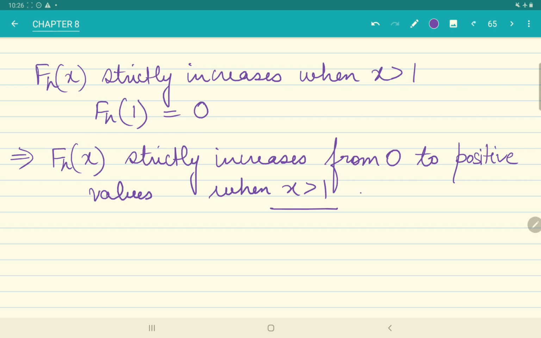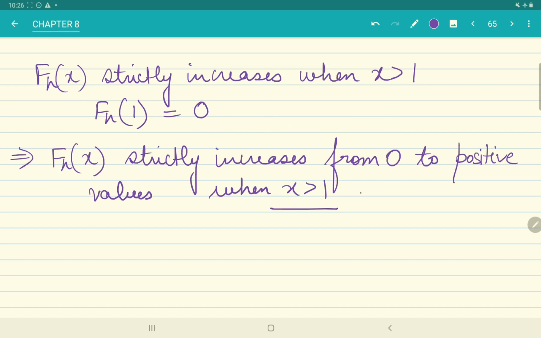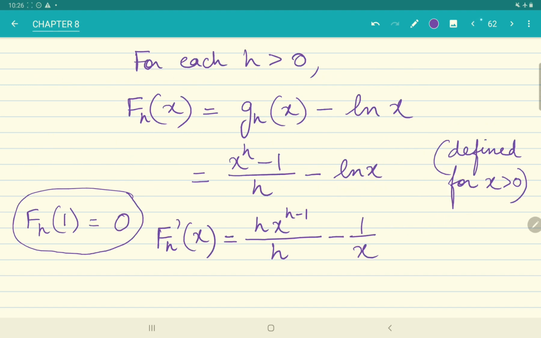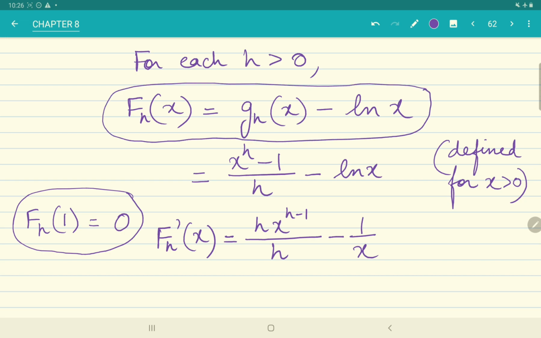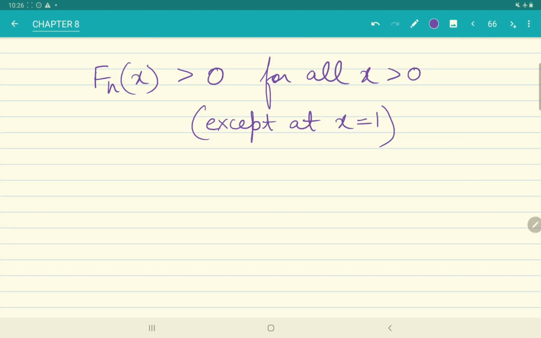That means now I can write what fh of x is. It is equal to this. fh of x, I can write that as gh of x minus ln x.